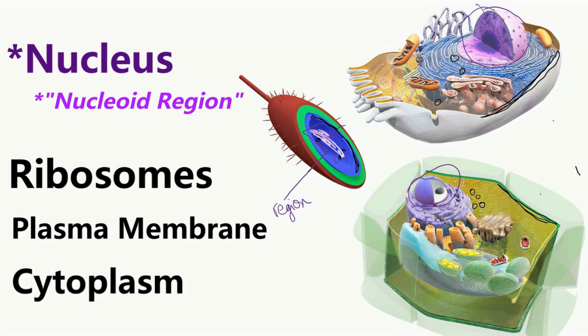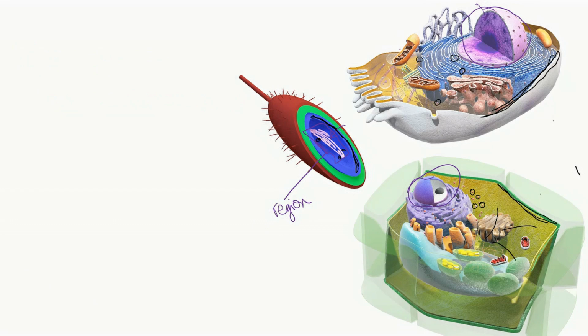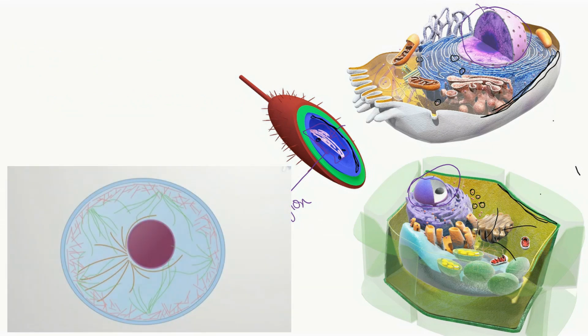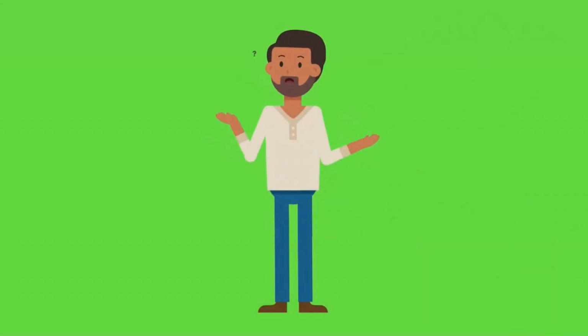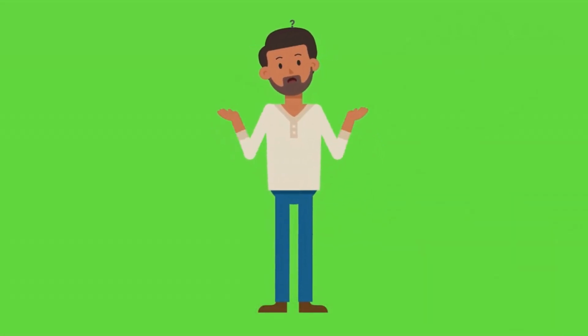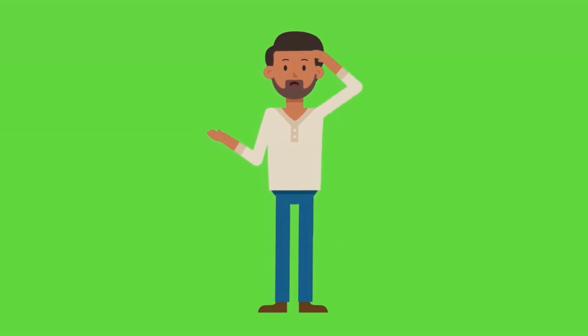Now, prokaryotic cells and eukaryotic cells all have cytoskeletal components. They all have a sort of protein filament network that helps maintain their shape, 3D structure, and ability to move around. However, the cytoskeletal components in prokaryotic cells are really not as well known or understood as they are in eukaryotic cells.